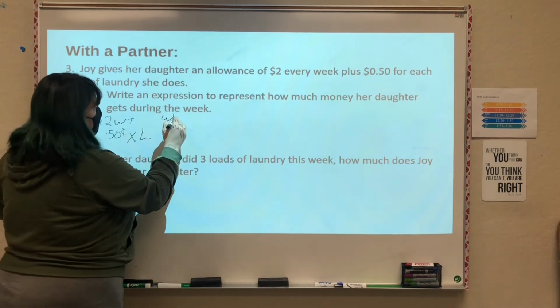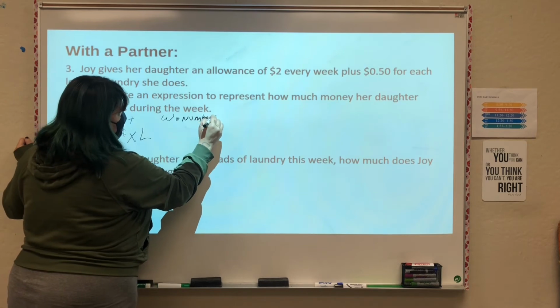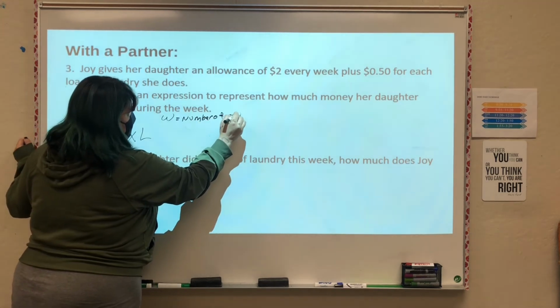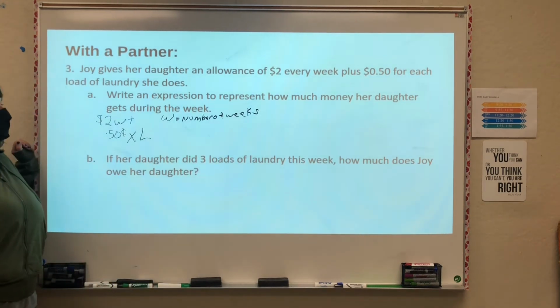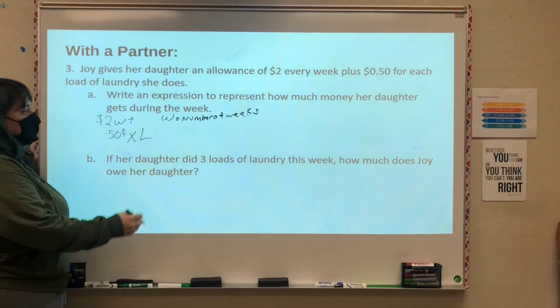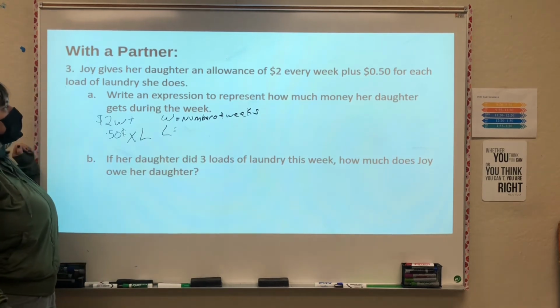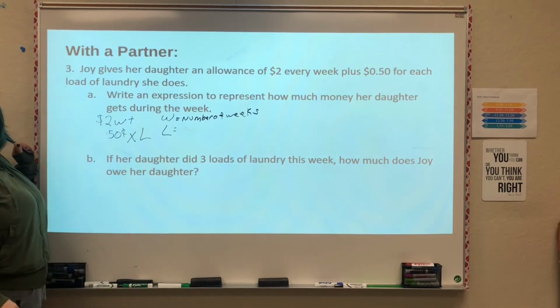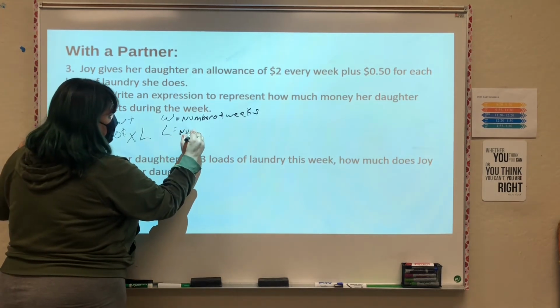W would be the number of weeks they give us the money. Okay, I see another letter there. This might be easier now. L, what does L represent? Laundry. The number of loads of laundry she did.